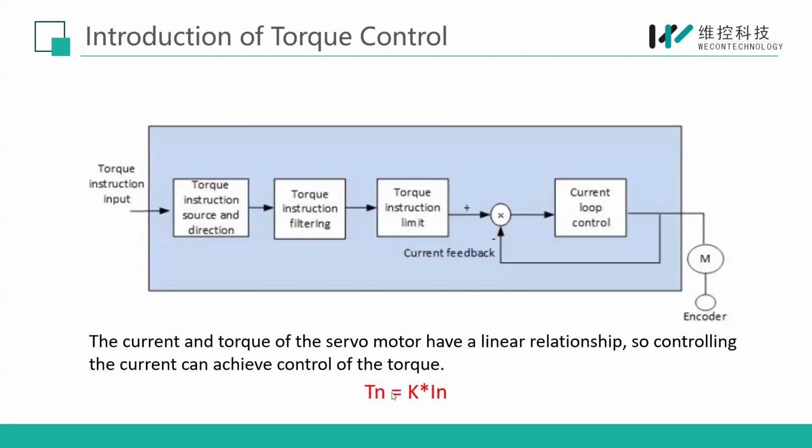The relationship between torque and current is linear: the bigger the output current, the bigger the output torque. So in fact, we are controlling the output current to control the torque.